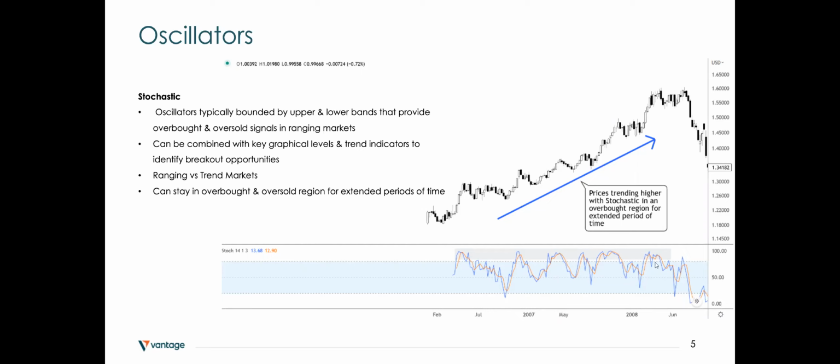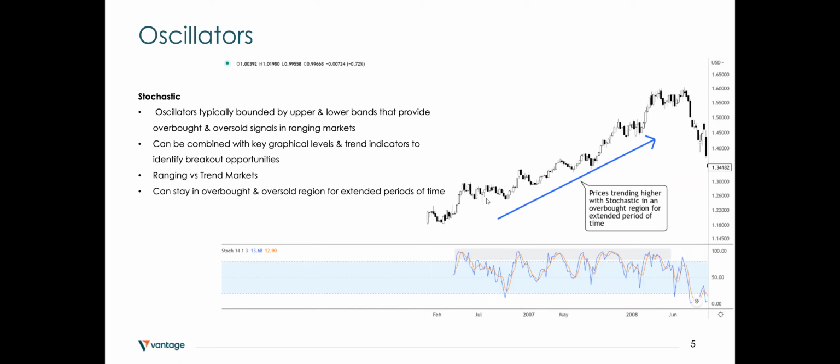The region from 80 to 100 is usually the overbought region, where people tend to sell. I will also deep dive into why it's not always a sell in the overbought region and a buy in the oversold region.